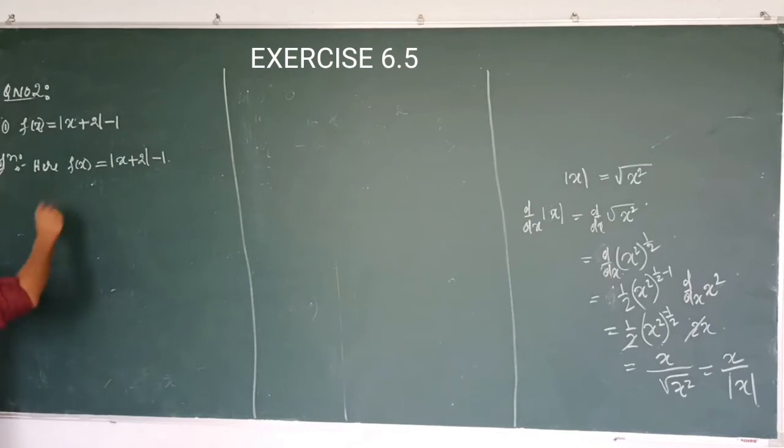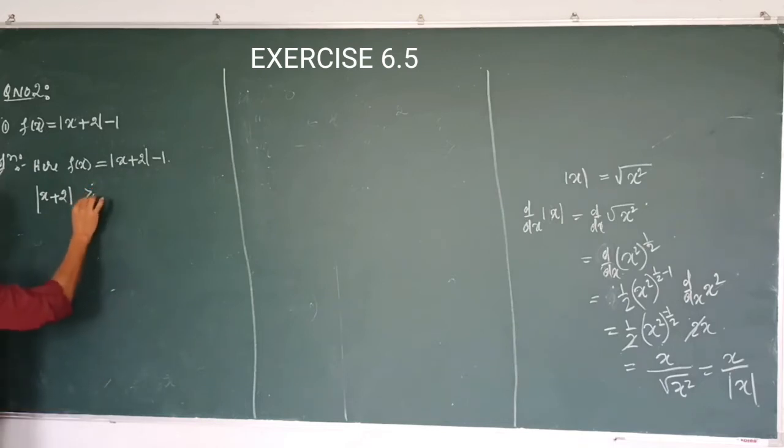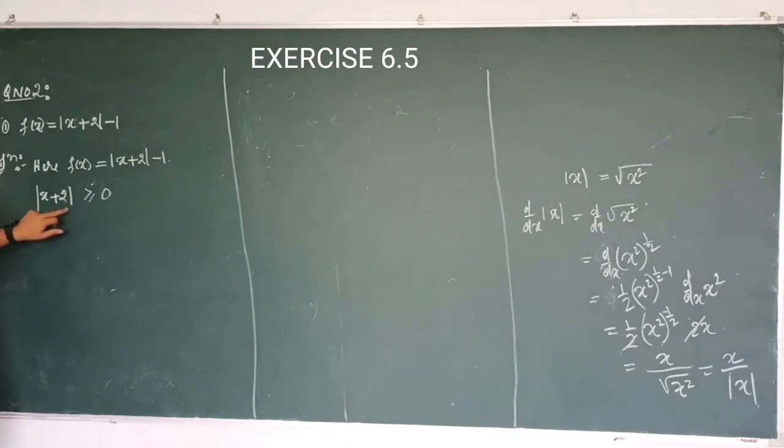If you take only this modulus of x plus 2, we already know that this is a positive value, greater than or equal to 0. Now what can we do?